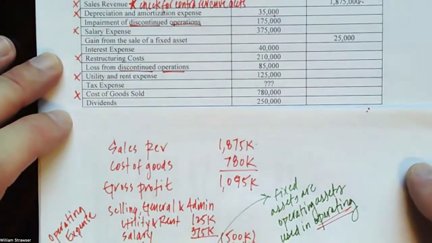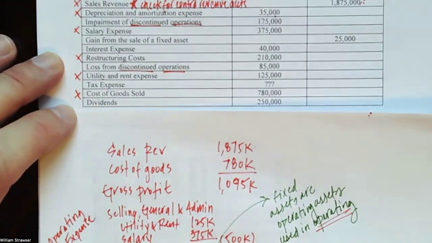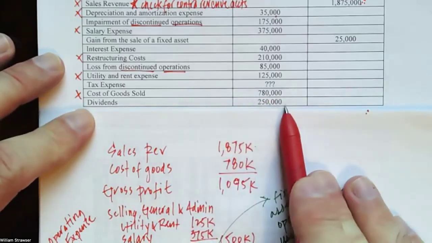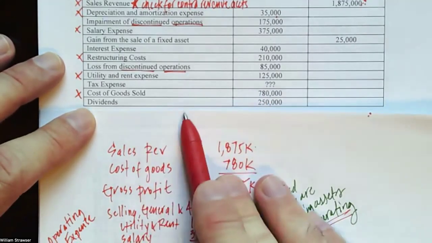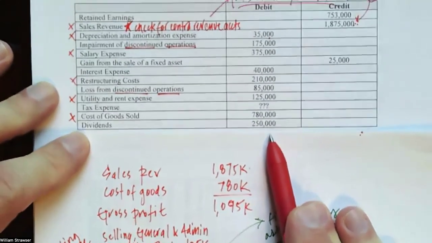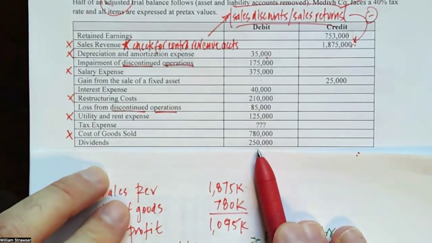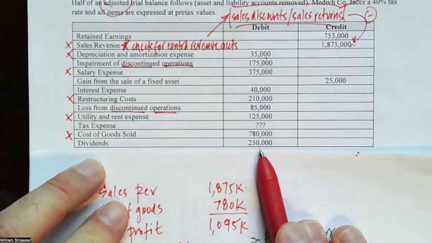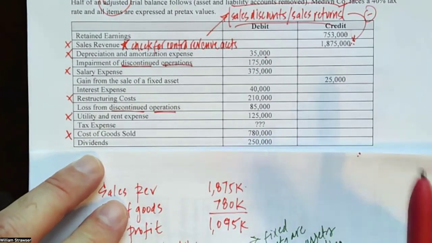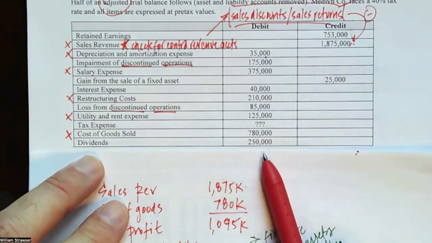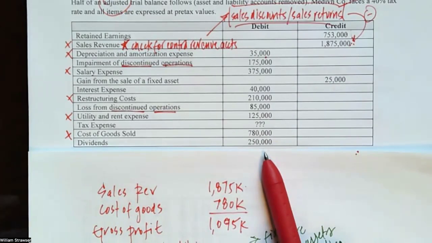Tax expense, nope. Dividends. Also, dividends do not go on the income statement. If this were dividend revenue, like the dividends I was paid from a stock investment that my company has, then it would be under the investing or the non-operating section of the income statement because that is a profit that was obtained from my investment.